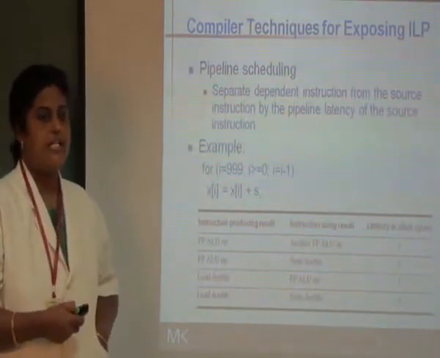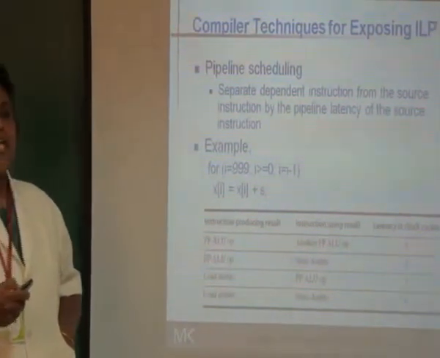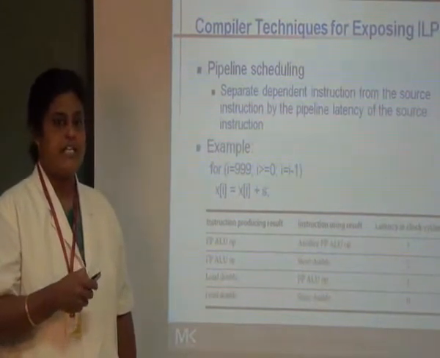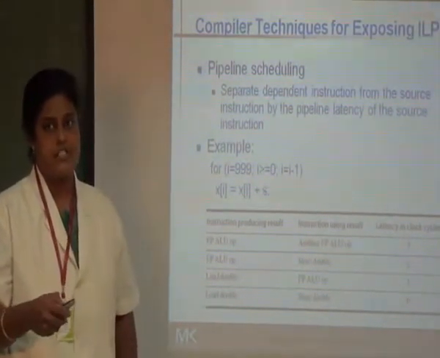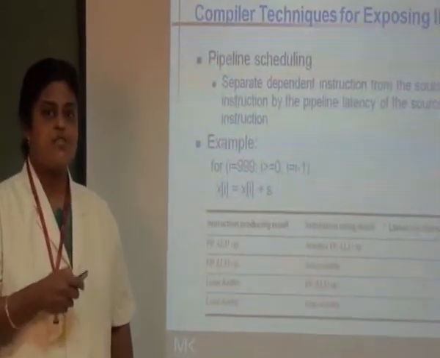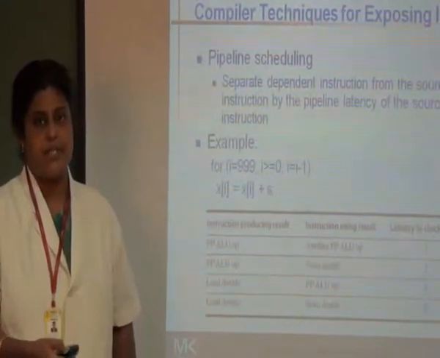What they try to tell you is, if there are two instructions I as well as J, and the result of the instruction I determines the execution of instruction J, in that case, instruction I becomes the source instruction and instruction J becomes the dependent instruction.